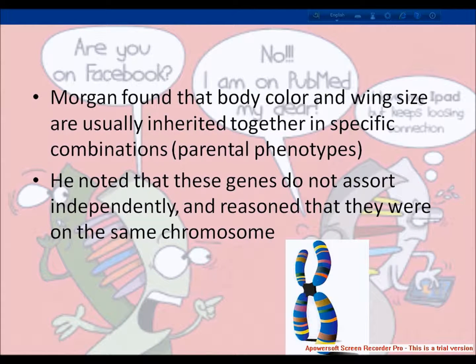Morgan found that body color and wing size are usually inherited together in specific combinations, the parental phenotypes. He noted that these genes do not assort independently and reasoned that they were on the same chromosome.